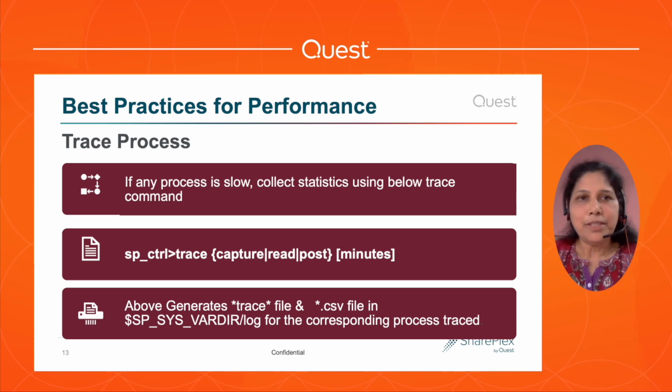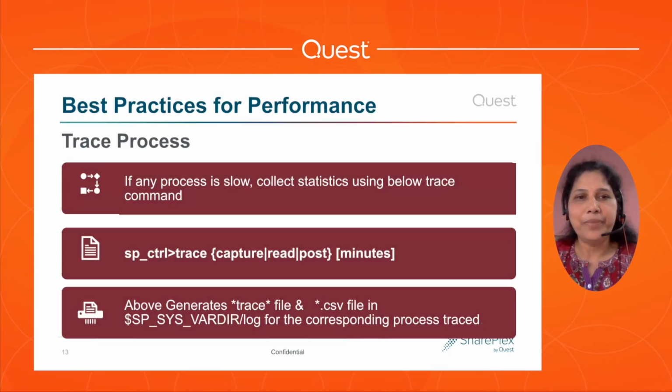Now, if any process is slow, we collect the statistics using the trace command. In the sp_control command prompt, you could run the command trace capture, or read, or post, whichever process you are trying to trace, for n number of minutes, 5 minutes, 10 minutes, whatever time frame you choose.